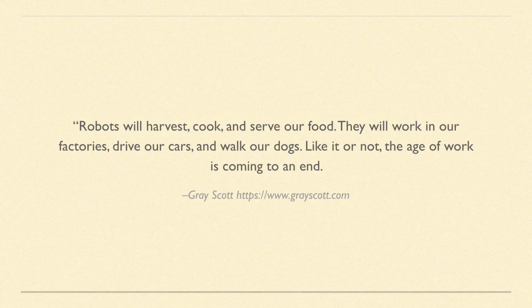So this course is really about how AI will enable robots to achieve lots of different kinds of activities which we have never envisioned before. In the words of science fiction writer Grace Scott, robots will do various kinds of activities such as harvesting, cooking, serving food, working in factories, driving our cars, and many things that we are just starting to see in our real life.